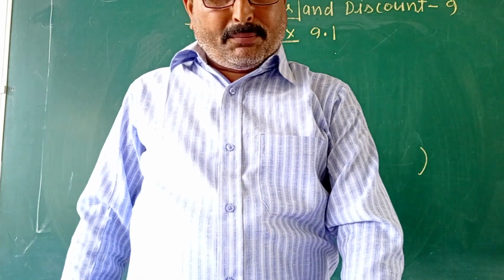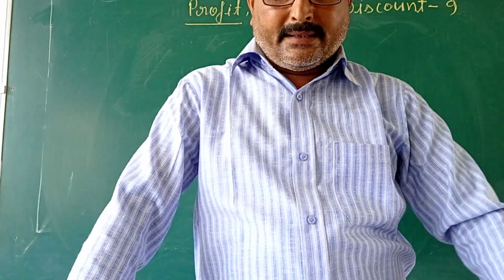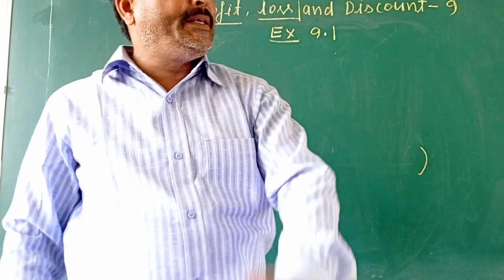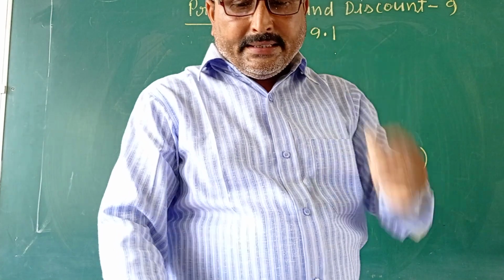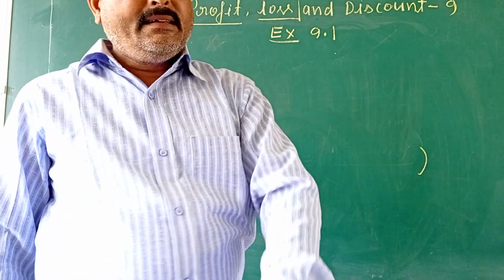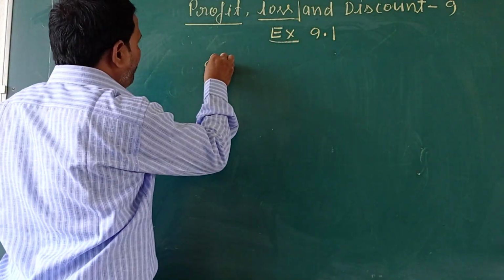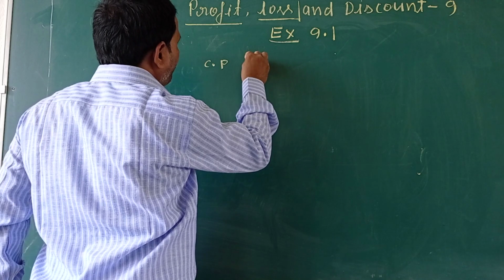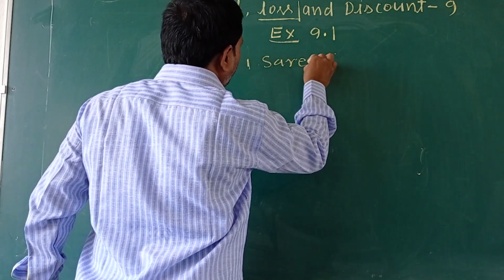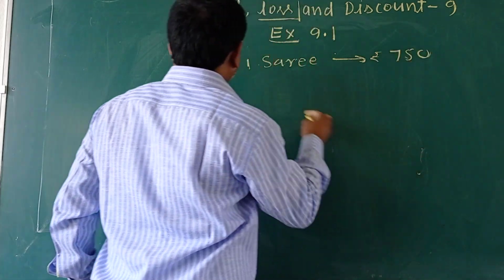A shopkeeper purchased 100 sarees at rupees 750 each. See, the CP of one saree is given, rupees 750.